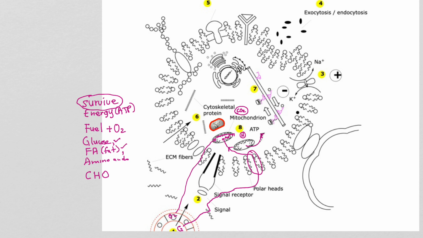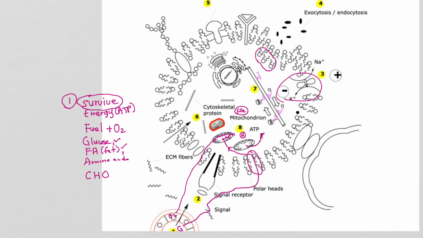The energy can be used for synthesis of new molecules or chemicals that are destroyed or have to be repaired, such as membrane lipids and so on. The energy is used for pumps, for pumping actions and so on. Okay, so survival is very important.